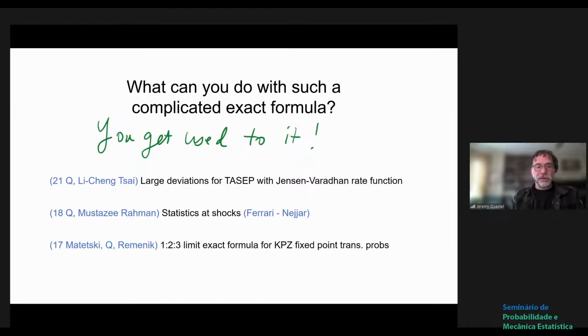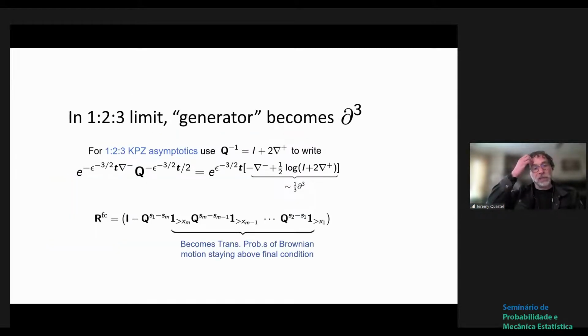Now, as you take the 1:2:3 scaling limit of the formula I showed you, the formula is actually written in a kind of transparent way to make the limit transparent. Each term in the formula actually converges, or at least some pairs of them. I'm not going to show you the whole thing, but here's a couple of the most interesting pieces. Look at the one at the bottom. It is one of these R's, the R for the final condition.